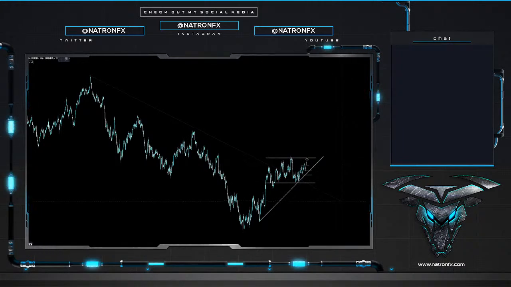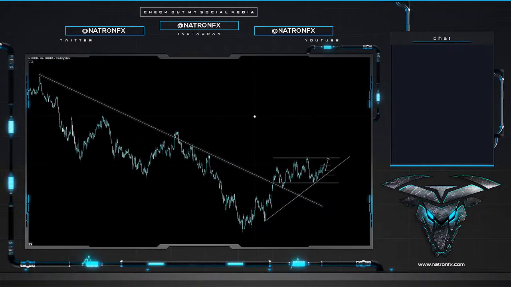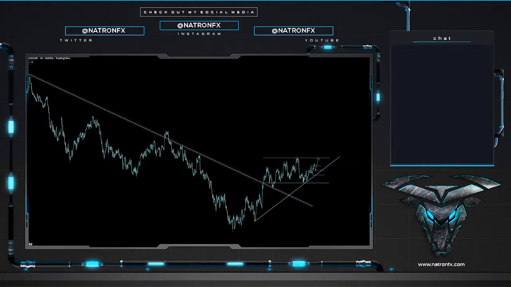Well, there's a couple ways you could draw this trend line out, I guess. A lot of times, something like this, there are different schools of thought on this.